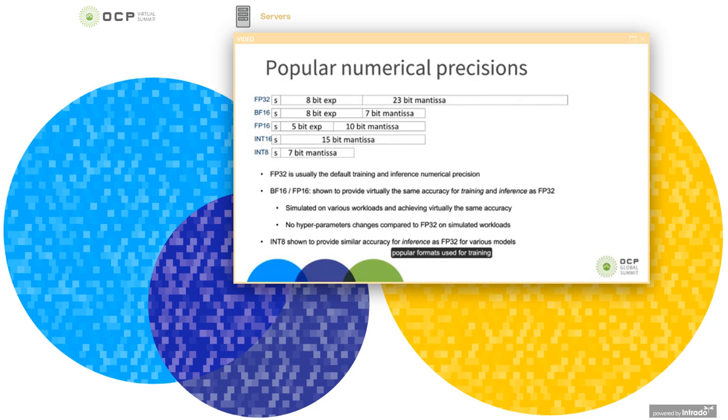The most popular formats used for training at lower precision are bfloat16, or brain floating point 16, and FP16, or IEEE half precision. These formats have been shown to give comparable results as the single precision, or FP32.